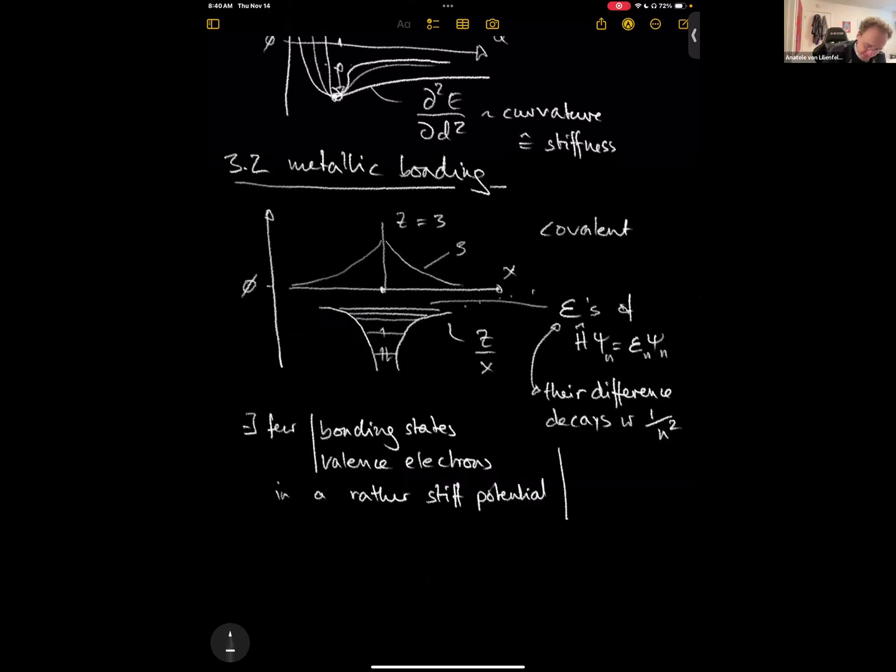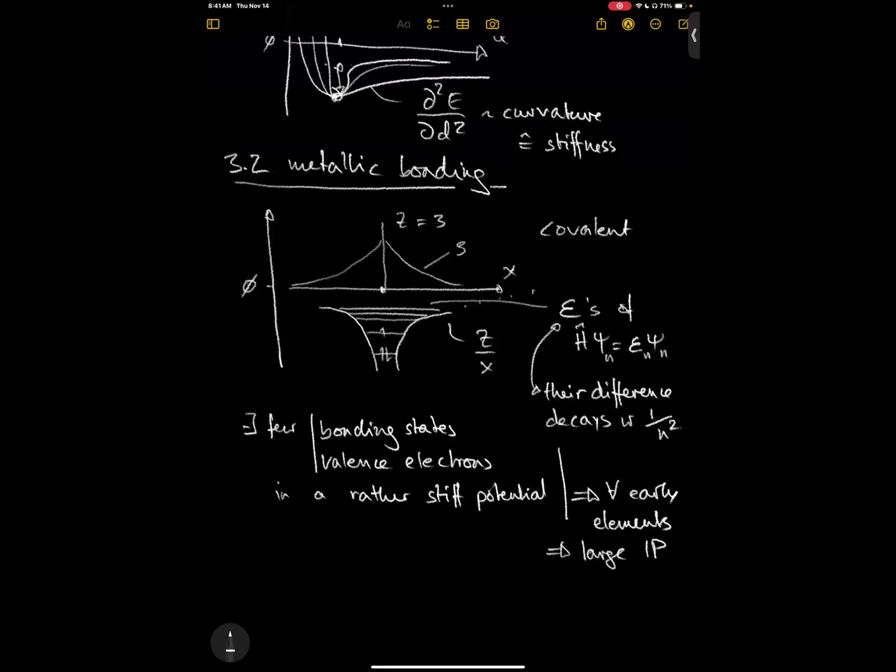So this holds for all early elements, and because the electrons are so low, it implies the large ionization potentials and the properties I mentioned at the end of the last chapters with the strong insulator. So you're far away from this level where your electrons become conducting.